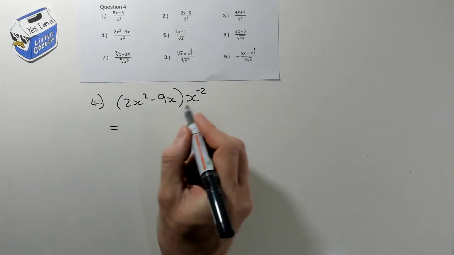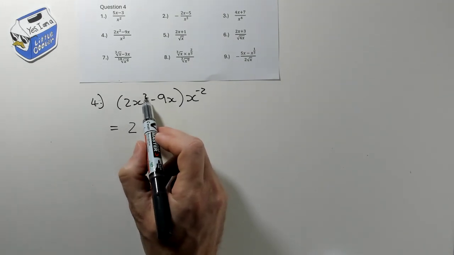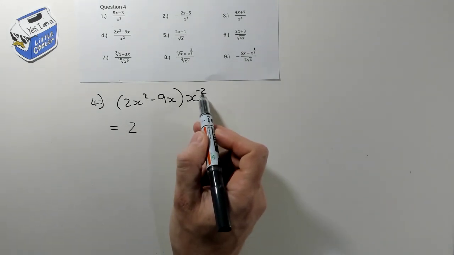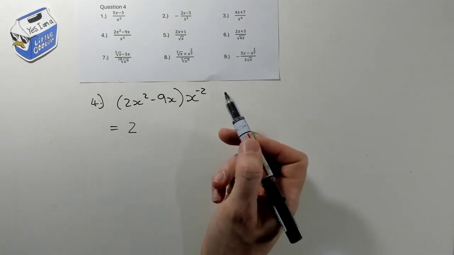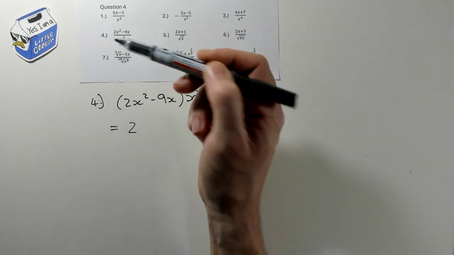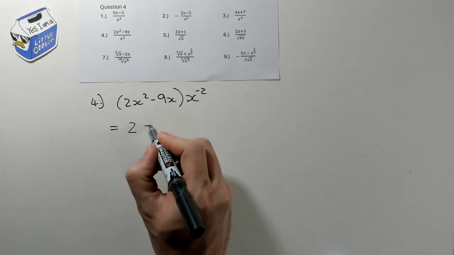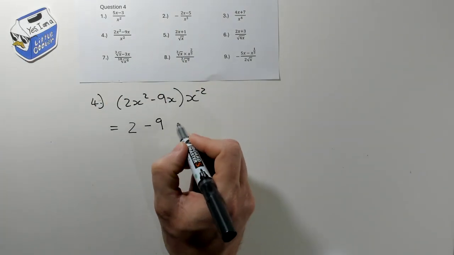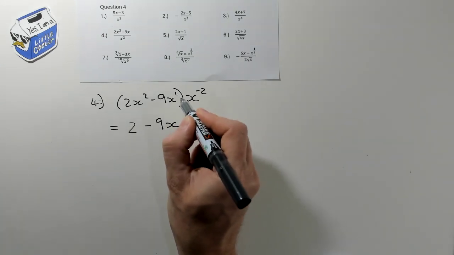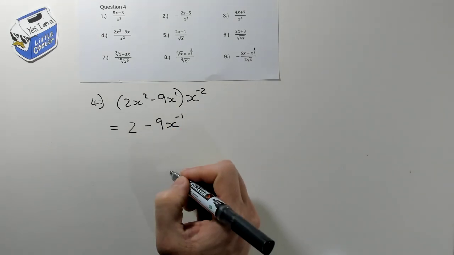The 2 times the 1 that it's not written there becomes a 2, and then I have 2 minus 2, which would just be 0, so they actually cancel each other out, and you can see the x squared and x squared, they would cancel each other out, obviously on this side of the fraction. And here I have a minus, and I can write the 9, and this is a 1 minus 2 would just be minus 1. And there you have it.